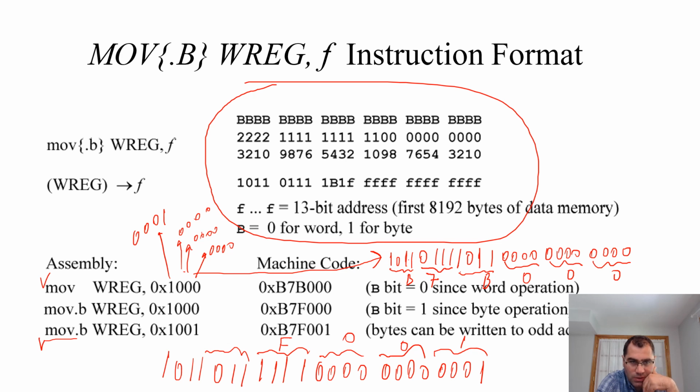Did I miss something here? This is B, obviously. No, let's just go back. I think I missed something. Let me double check what I did here. Oh yeah, well, no, just a second. So it's 1 0 1 1 0 1 1 1 1 0 1 1 1 1.